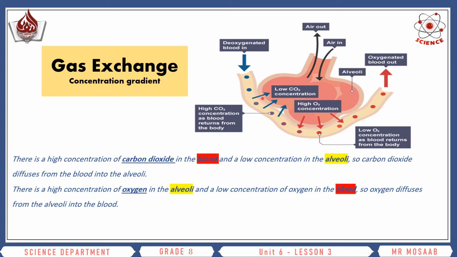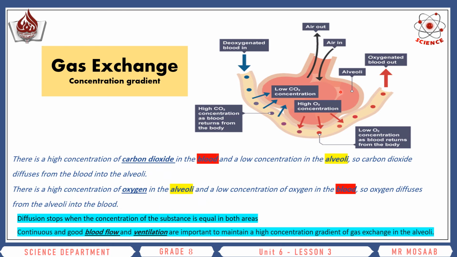And oxygen is always high concentration in the alveolus. So how can this happen? How can we maintain carbon dioxide always at high concentration in this area, and oxygen always at high concentration in the alveolus? Exactly.